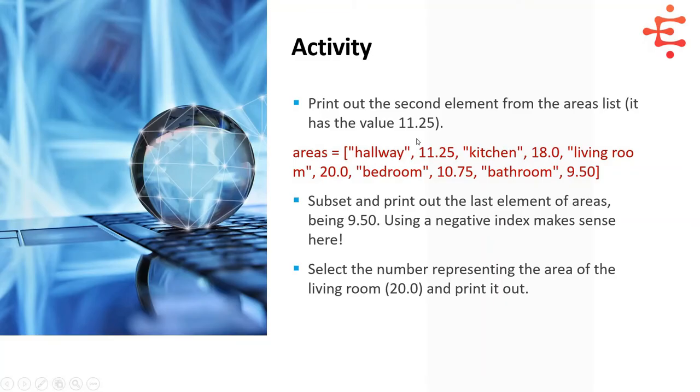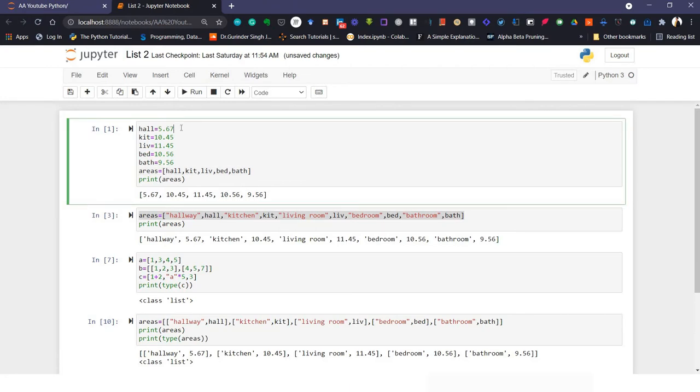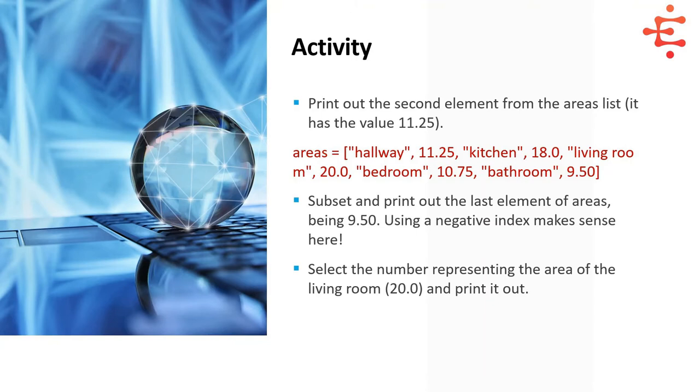So first making it, hall 11.25, kitchen 18.0. I'm just modifying the values just like that. I can use the original values as well, but according to my activity I'm trying to modify the values, and we are going to preferably go with these same values.